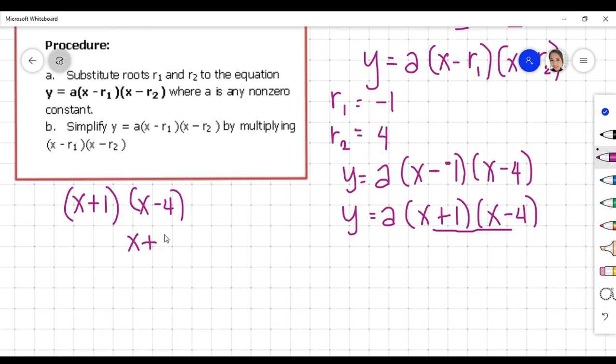So x plus 1 times x minus 4. Negative 4 times 1, that is negative 4. Negative 4 times x, so that is negative 4x. X times 1, x. And x times x, that's x squared.